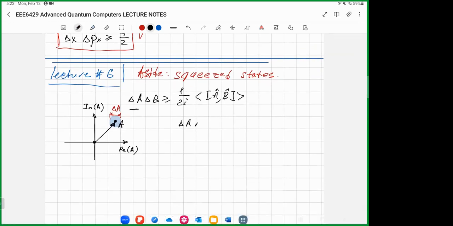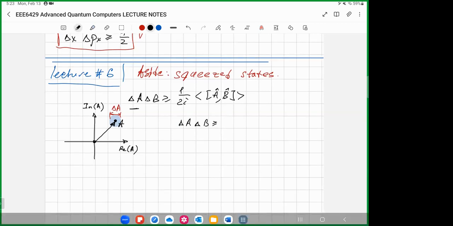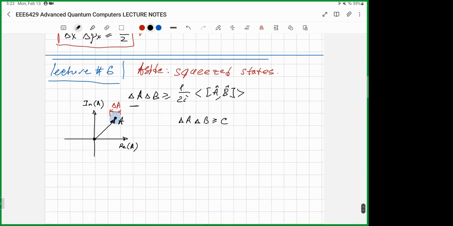Delta A times delta B must be larger than some quantity C. But we can get delta A from here, so it would be C over delta B, right? And we see that when we make delta B very small, our delta A will be very large, and vice versa. When we make delta A smaller, delta B becomes larger.